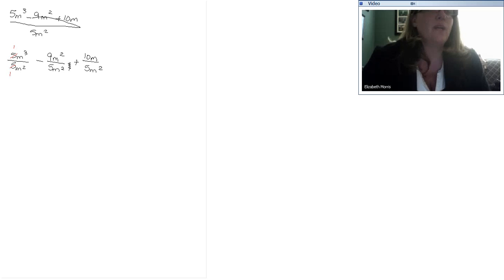And there's 3 up here and 2 down here of m's. So those 2 are gone, and I'm left with 1m up here. 9 and 5 doesn't reduce, but m squared and m squared reduces. 10 and 5 become 2 and 1, and there's 1m up here and 2 down here, so that one's gone, and I'm left with 1 there. So what do I have left here? m minus 9/5 plus 2 over m. And that's my answer.